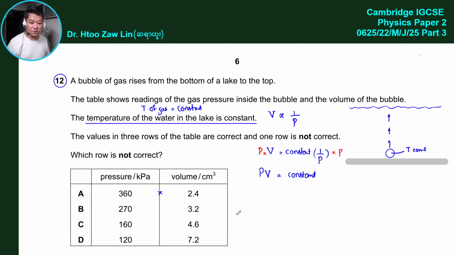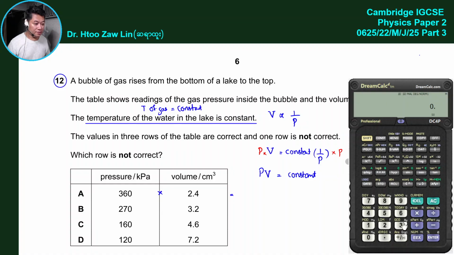When we multiply pressure and volume, what do we get? 360 times 2.4. So we get 864.